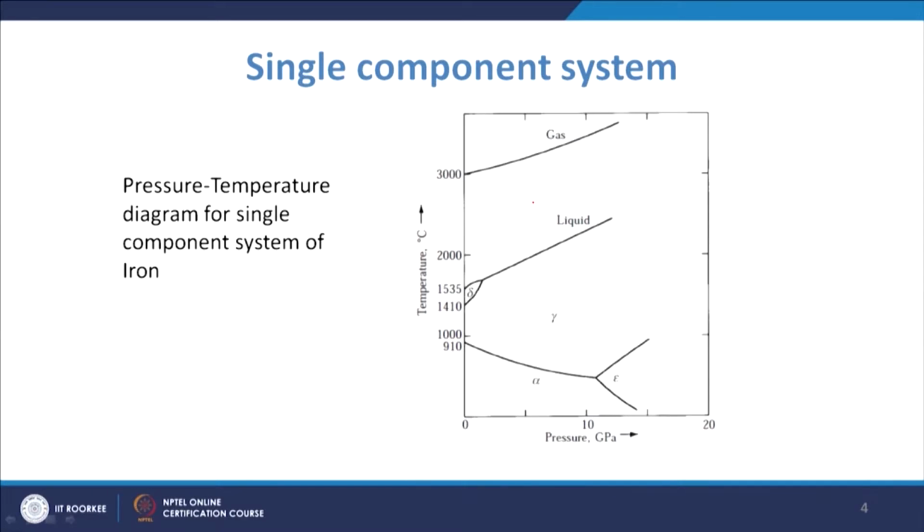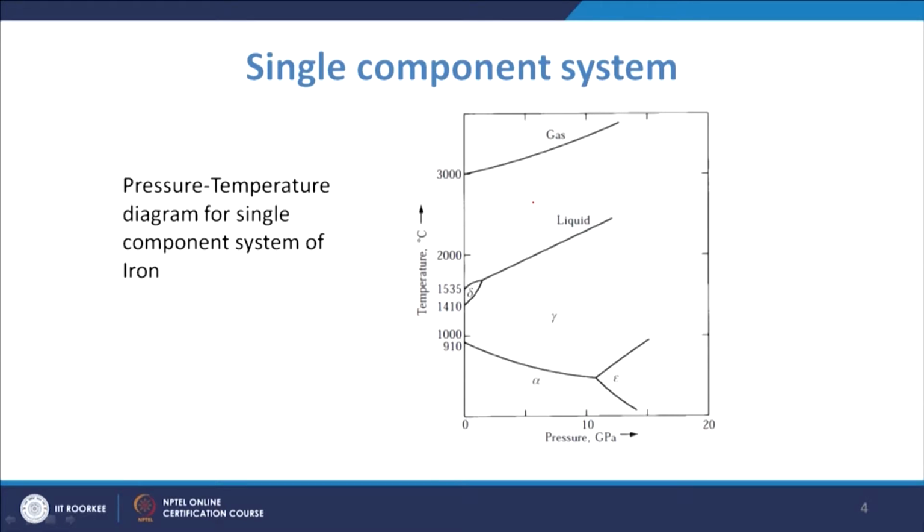When you are in this region, P is 1 and this is a single component system. With one phase, the degree of freedom will be C minus P plus 2. C is 1 and P is 1, so F is 2.